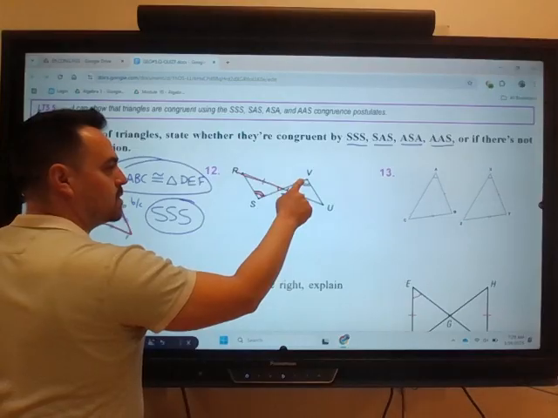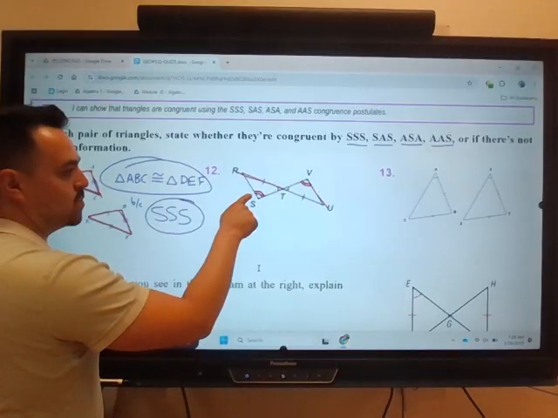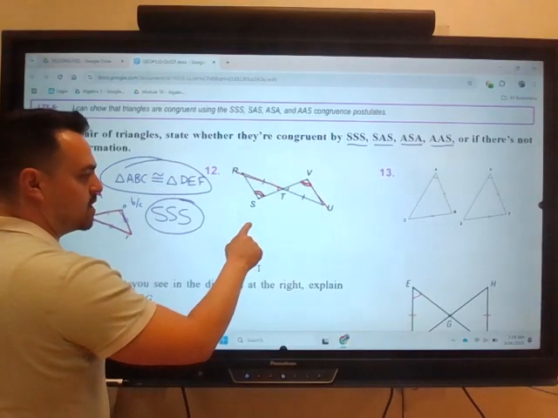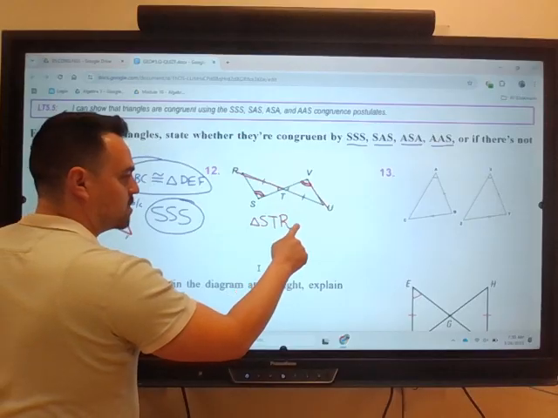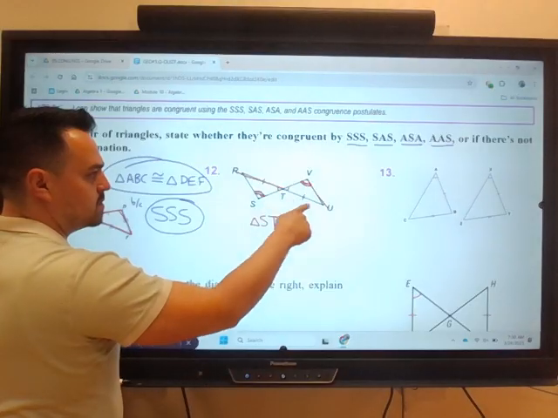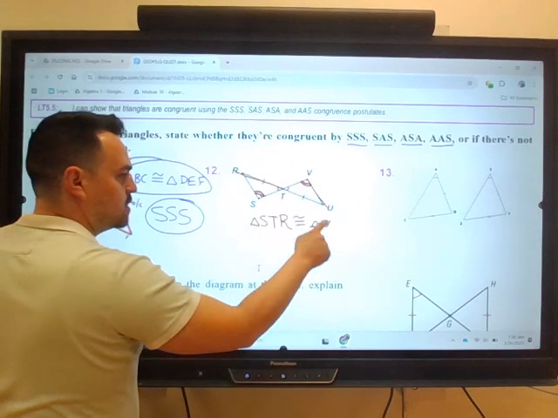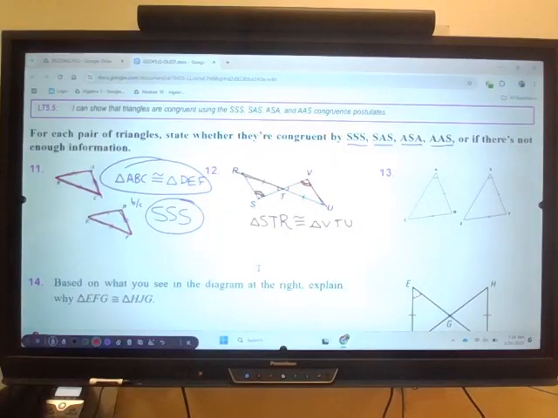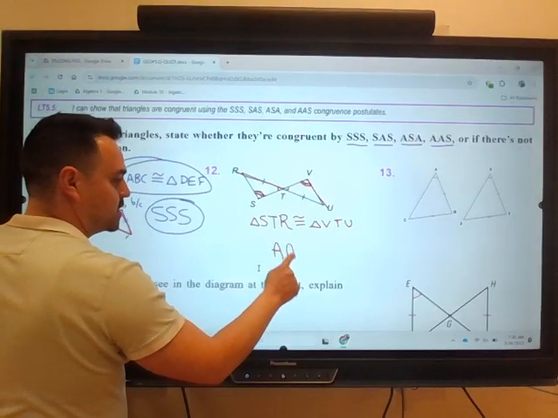So triangle STR is congruent to triangle VTU. And why? Because angle, angle, side postulate.